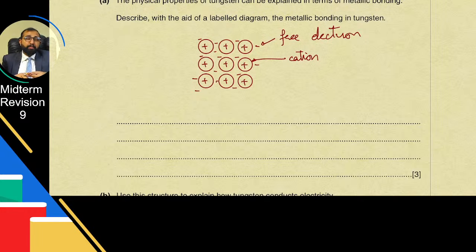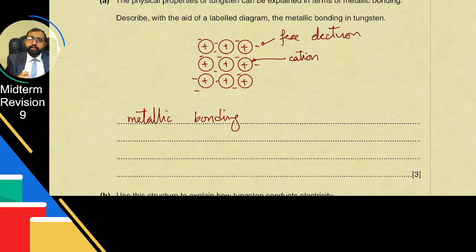Now, the next thing is we have to talk about metallic bonding. So we will say that there is metallic bonding. Now every bond is a strong force of attraction between 2 things, and it is between positive and negative things.